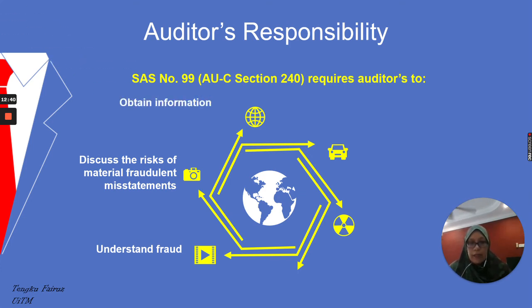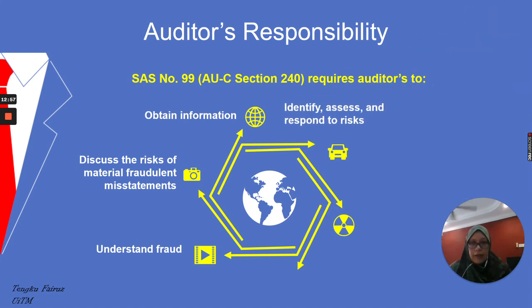Okay, and then the third one, they need to obtain the information, gather all the evidence, okay, yang dia boleh carilah semua information evidence related to this fraudulent financial misstatement ni. Okay, and then identify, assess and respond to the risk.